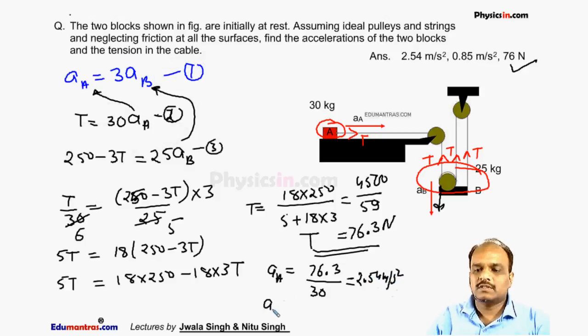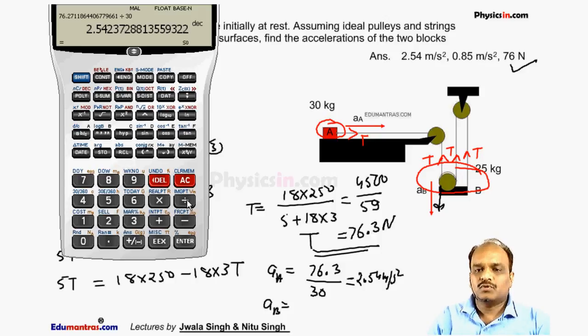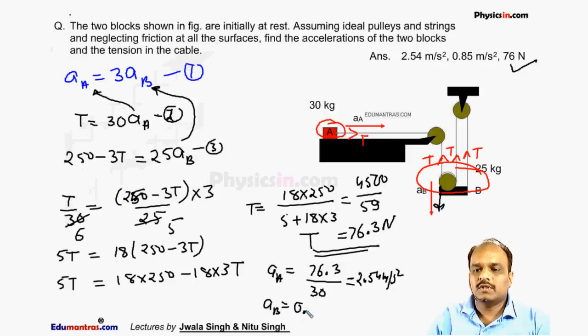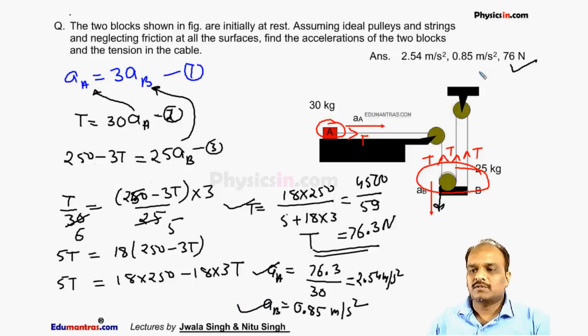In the same way, the acceleration of B is 2.54 divided by 3, which is approximately 0.85 meter per second square. So this is the tension in the string, this is the acceleration of block A, and this is the acceleration of block B. So this is our answer.